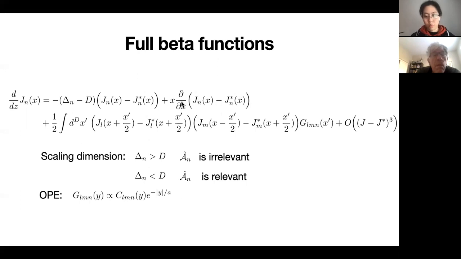The second term comes from the scale transformation, meaning the coupling at one place can be affected by the coupling at another place due to the scale transformation during the RG process. The third term is from the OPE, and the coefficient for this term is the OPE coefficient, which can be obtained by fusing two different excitations to get a summation of a series of excited states.